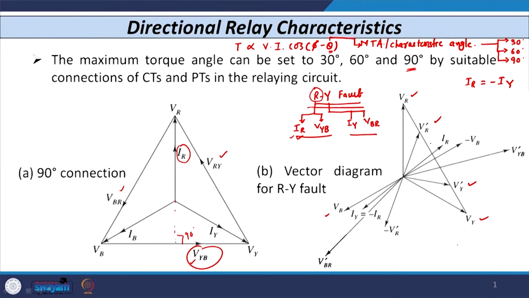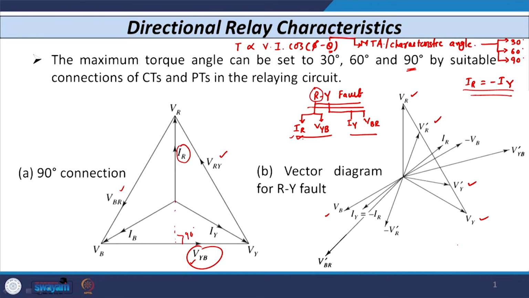So, the IR current lags the voltage VR dash, or VR, by some angle, and similarly you can see that IY is exactly opposite of this IR. So, IY comes out here, and the angle between IY and Vy or Vy dash is also very high, because I told you whenever a fault occurs the value of phi varies from 70 to 90 degrees.